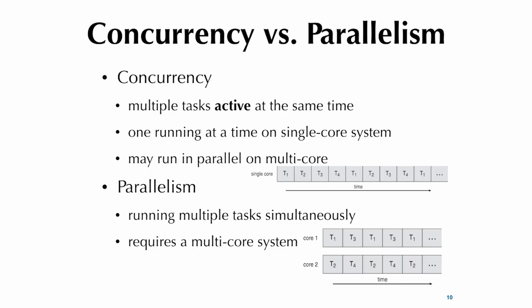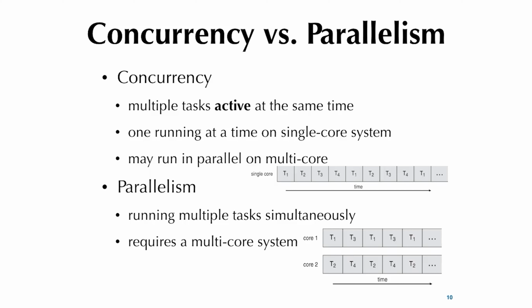And so you can have concurrency, which is really for you to track where multiple things are, right? That's where you have multiple program counters. That doesn't mean all the program counters are moving at the same time. That's parallelism.